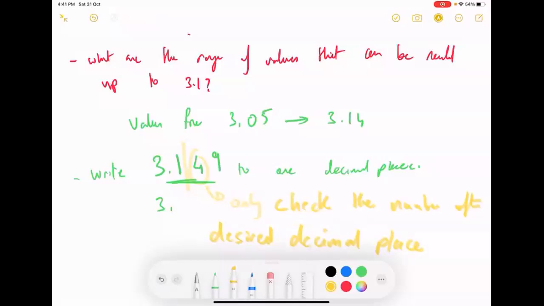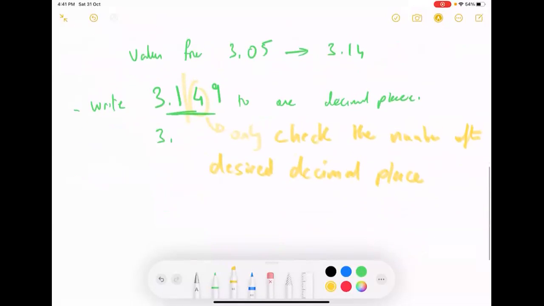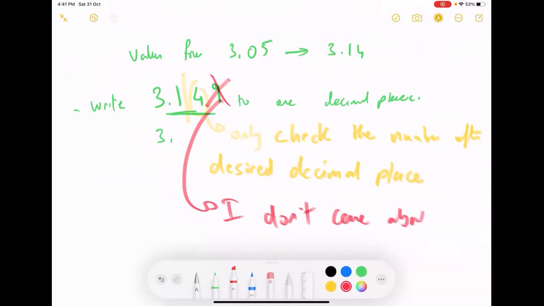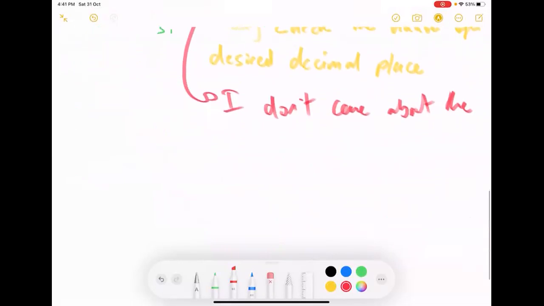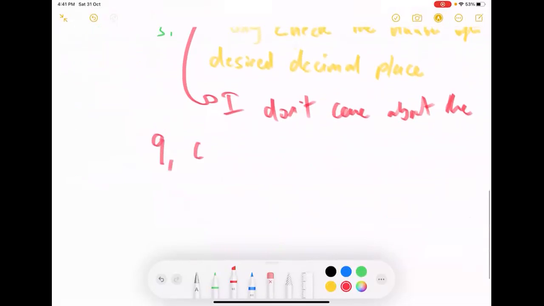So I don't care about the 9 here, because we only need one decimal place.